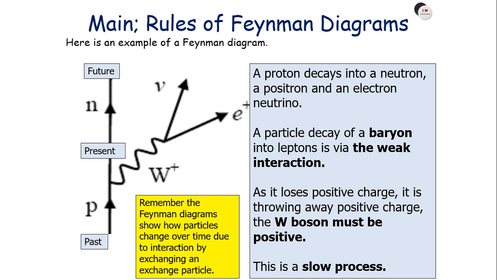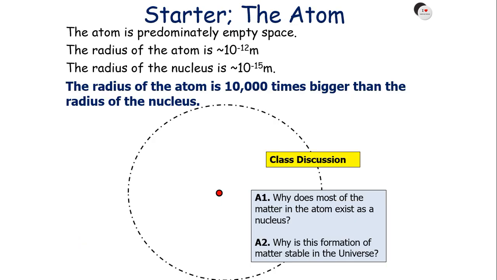Here, the proton turns into the neutron and produces a positive electron, or a positron, and another particle. So what's happening here? Well, we've got particles that are not made from quarks here, and we've also got a particle change in type, so it must be the weak interaction. The proton is going to a neutral neutron, so it must be a W positive boson. But because it's by the weak interaction, it's a slow process.